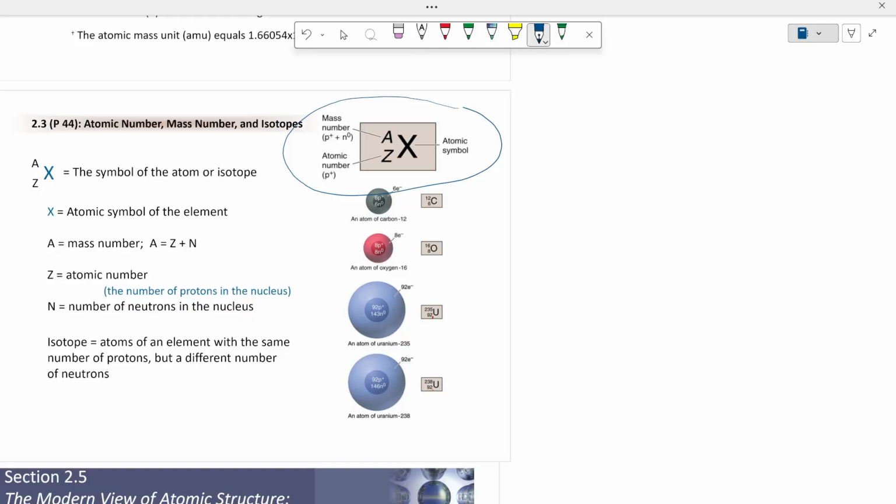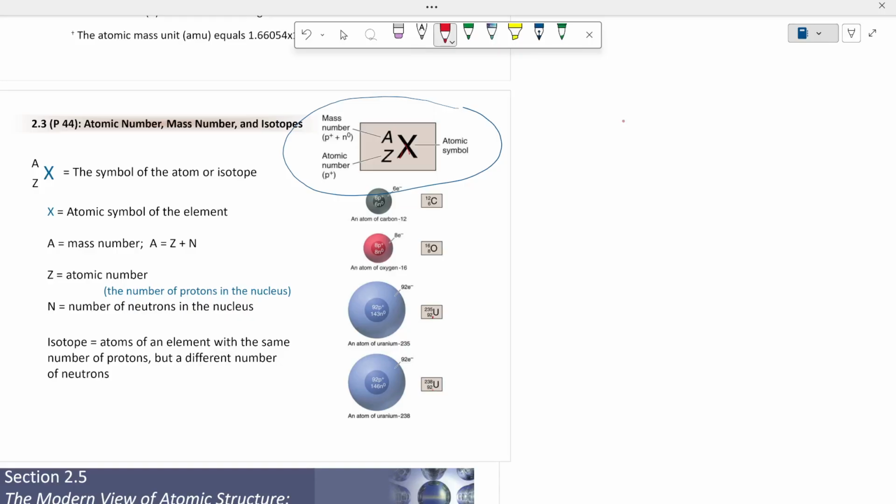The first information that you can obtain from the periodic table is X, where X is the atomic symbol. It's the abbreviation of the element. For example, if X is C, then this is carbon, and Na is sodium, H hydrogen, O oxygen, and so on.